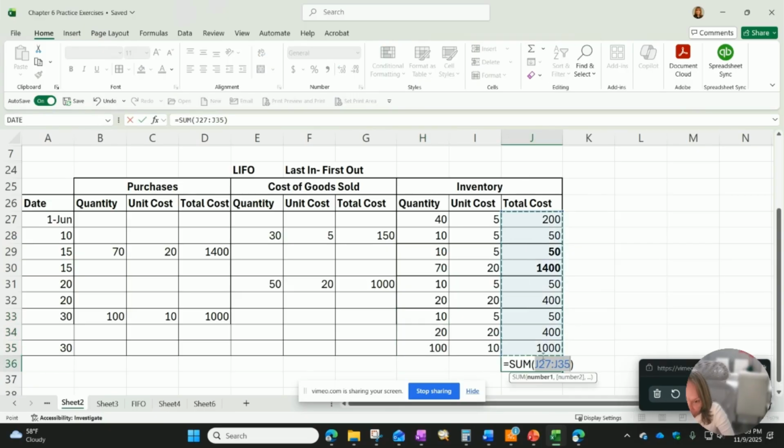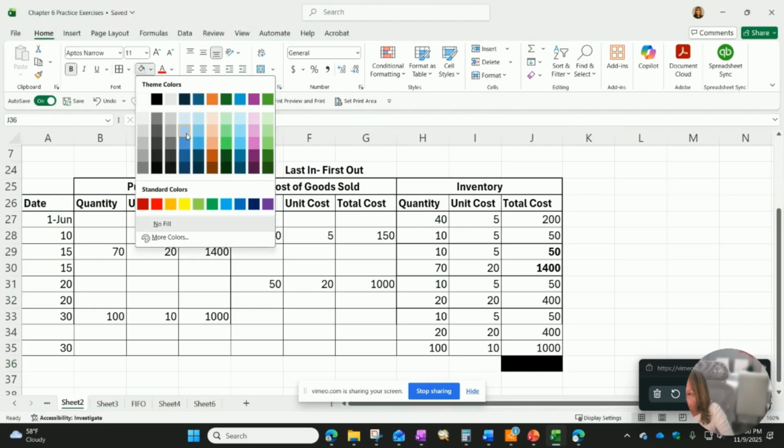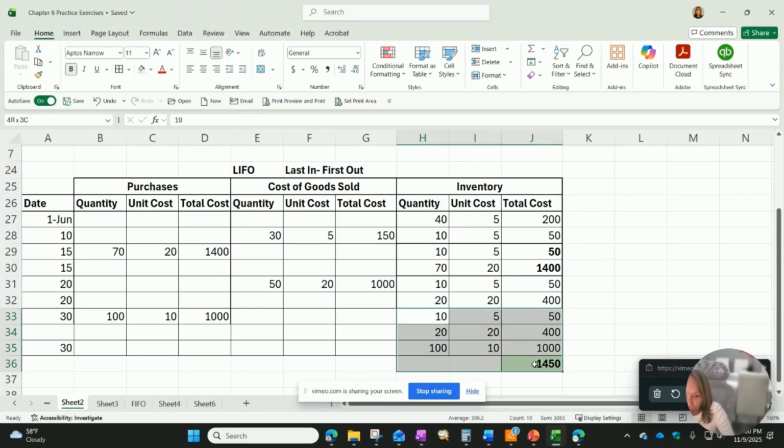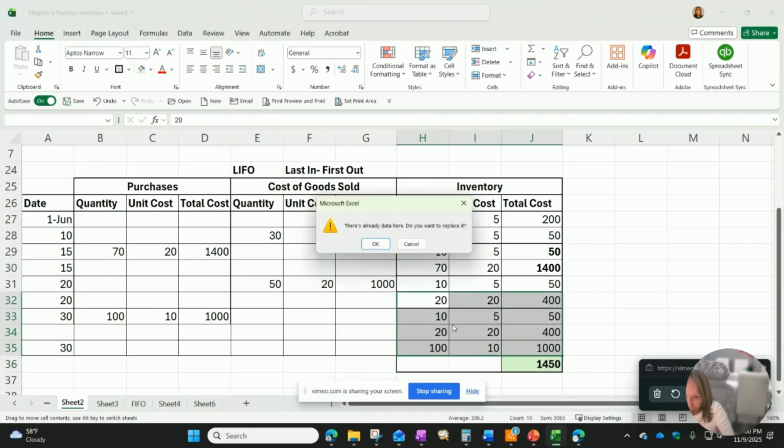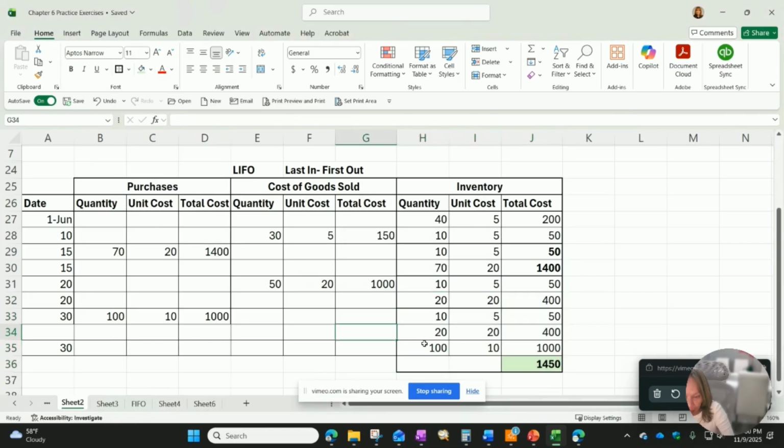And the value of that ending inventory is 1,450. $1,450 is the final inventory in this example.